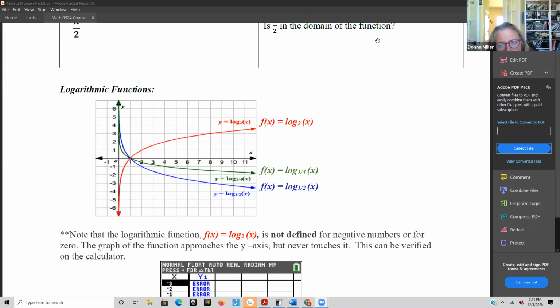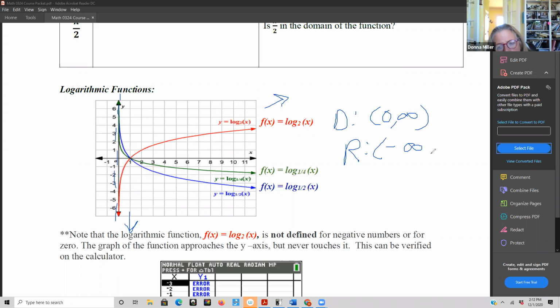The domain of these graphs are all the same. So basically, if you look at all these graphs, they start at 0 and they go up. They don't equal 0 because they all have a vertical asymptote at 0. All right. So the domain of the logs is always 0 to infinity. Now the range, it goes down forever and up forever. So the range would be all reals.